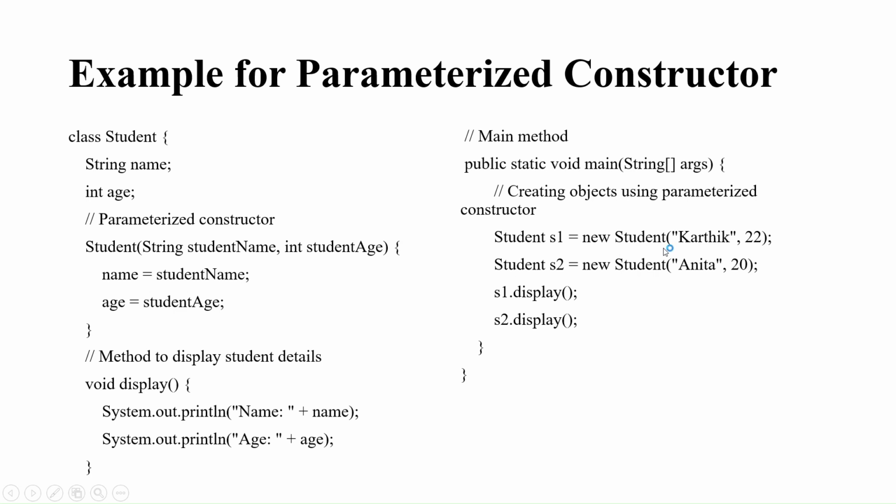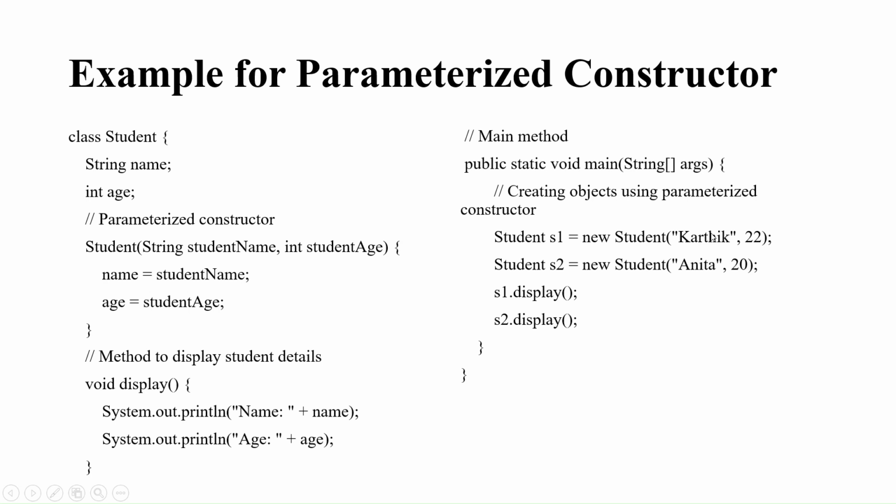Now you need to note one important point here. Since my constructor is having two parameters, I want to pass its values when I am going to create an object. So first one is string data type, so I am passing a string value, that is Karthik, and next I want to pass the age. Since its data type is integer, I am passing the numbers.